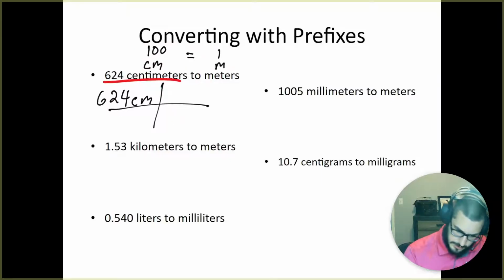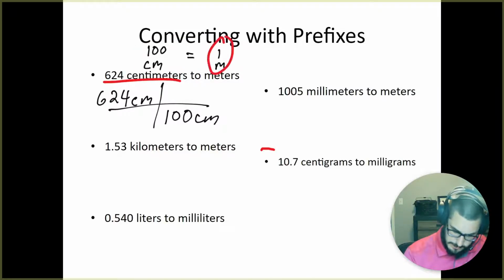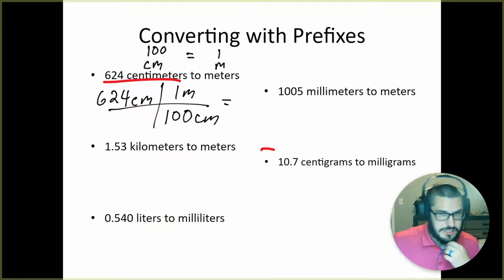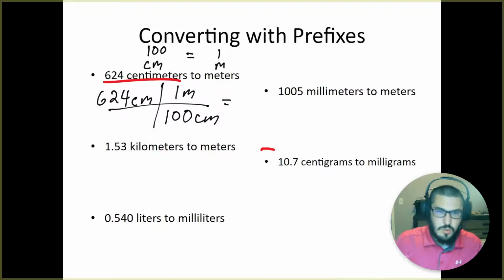Okay, so we're going to take that and put the 100 centimeters on the bottom, and because these are equal to each other, I can put the 1 meter on the top here, and that'll tell me that I need to do 624 divided by 100, and multiplying by 1 doesn't actually change anything. So this is just a structure to help you know whether you're multiplying or dividing these numbers in your conversion.